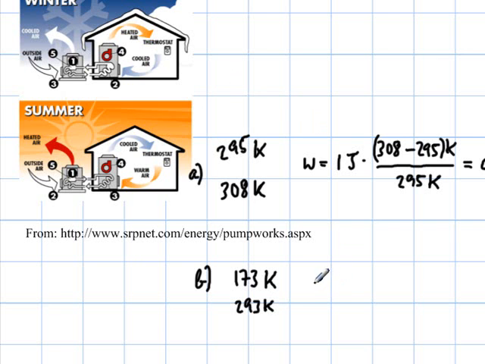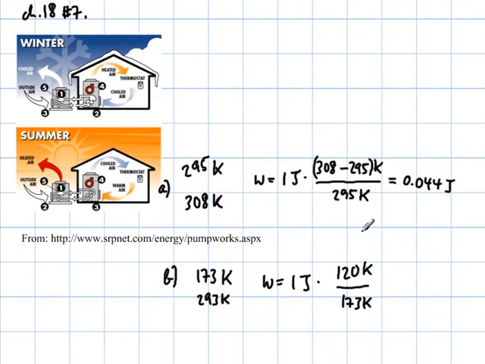So pretty cold, and the amount of work comes out to 1 joule times the temperature difference, which I may write as 120 kelvins, divided by the lower temperature of 173 kelvins, and that comes out to 0.69 joules.